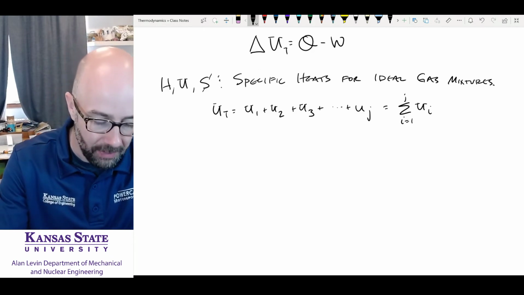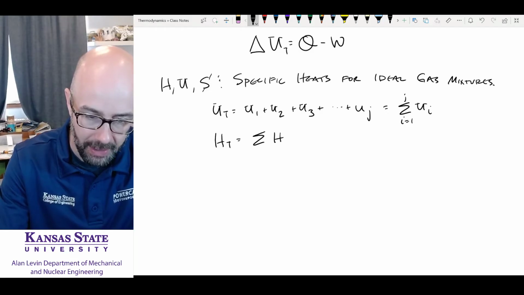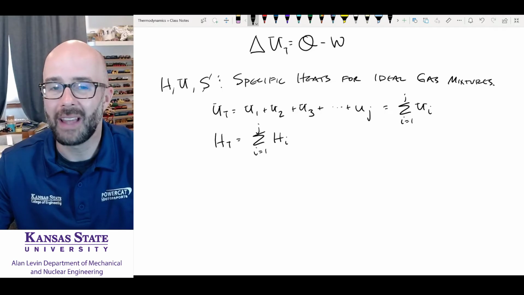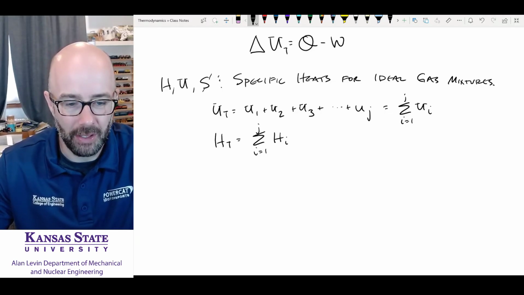Same thing here: the total enthalpy is equal to the summation of the enthalpy of every component, i equals 1 to J. Nothing different about that, just adding up all the different internal energies.